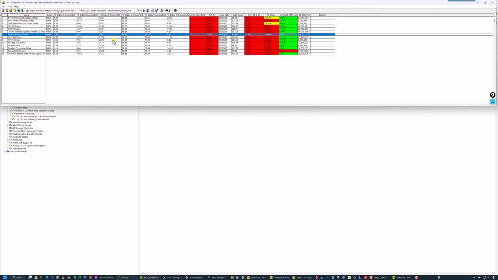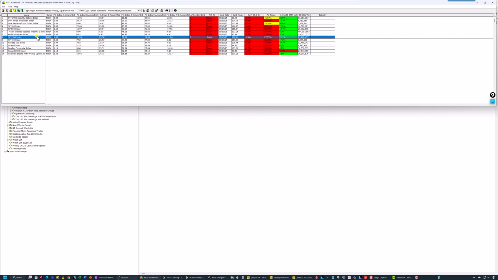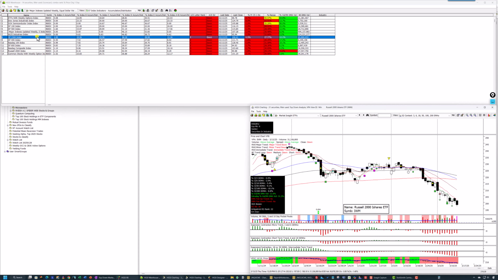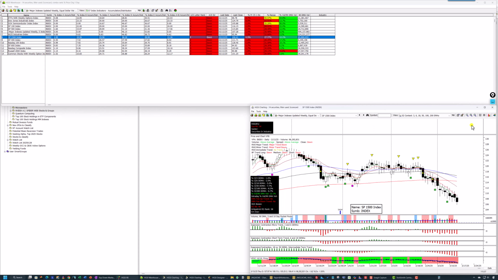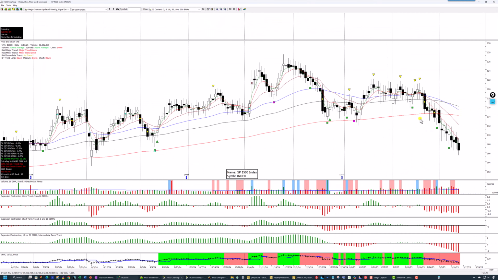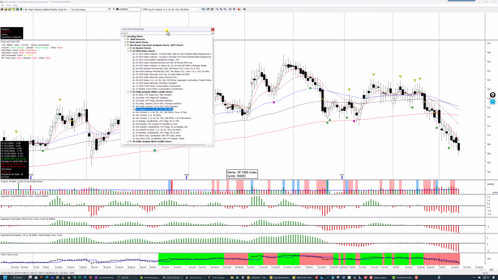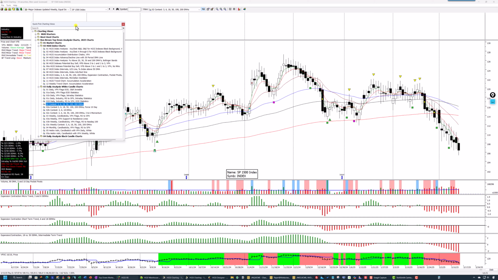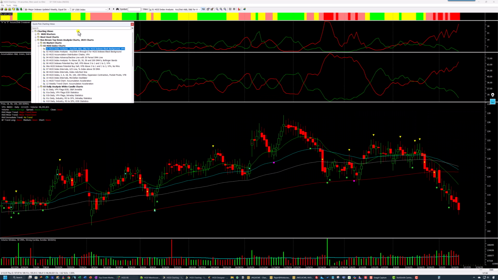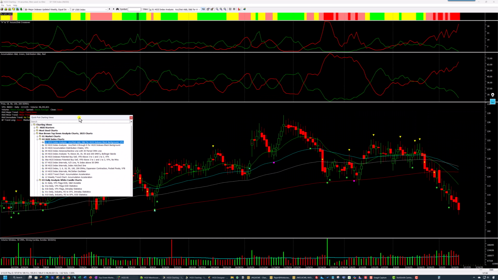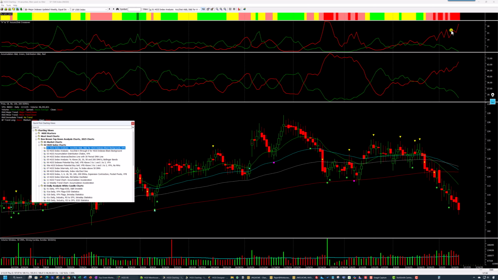But anyway, I'm going to bring up my most used index, which is the S&P 1500, and I'm going to go to the HGSI index charts. I built these charts, most of them several years ago, and they're very useful. So I'm going to click on the first one, and this shows accumulation distribution.